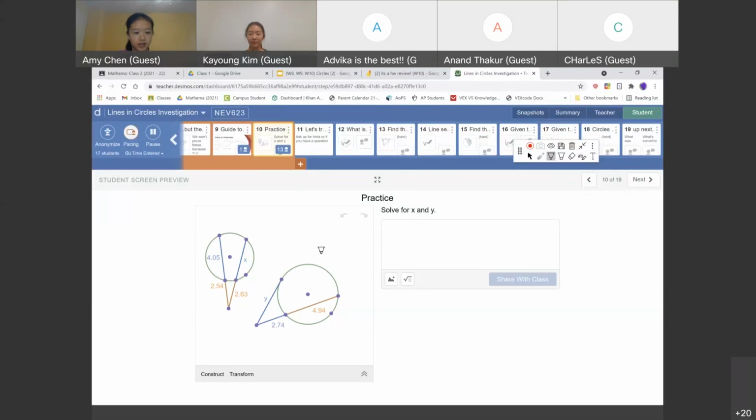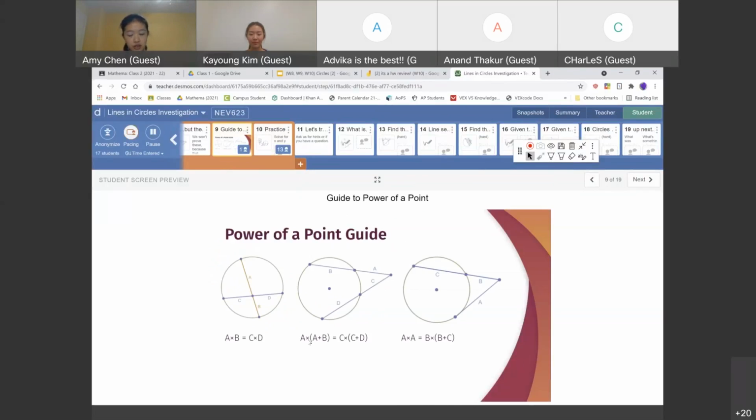Okay, the first one is harder, and the reason it's harder is because, well, you'll see in a moment. For this one, we use the second part of power of a point, which is the longer equation: a times a plus b equals c times c plus d.